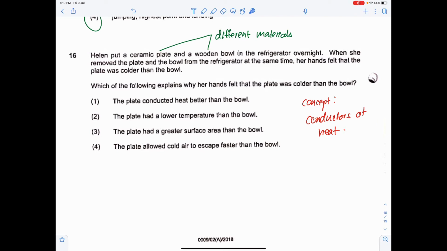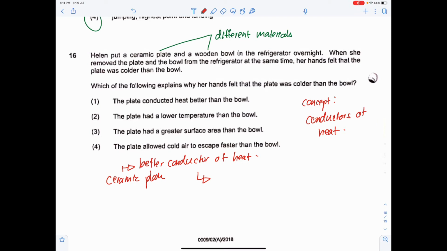Okay, so what happened here was that the plate, okay, probably is actually a better conductor of heat, correct? Okay, so when you compare your ceramic plate, this one is a better conductor of heat. So because it's a better conductor of heat, it will allow heat to pass through it faster.